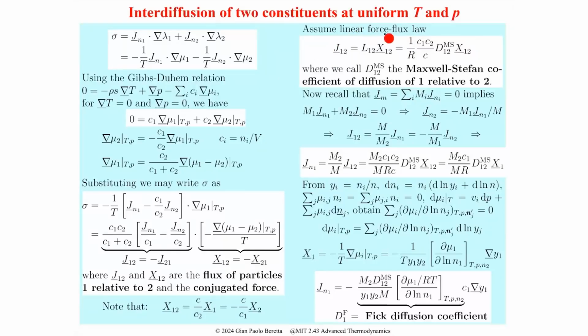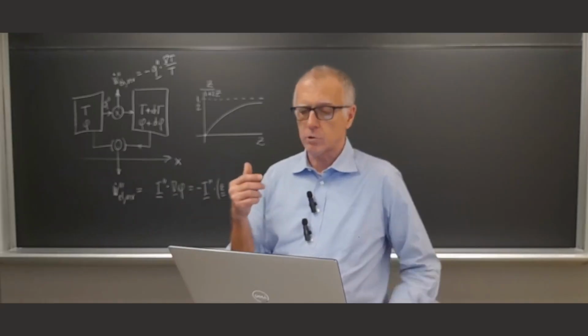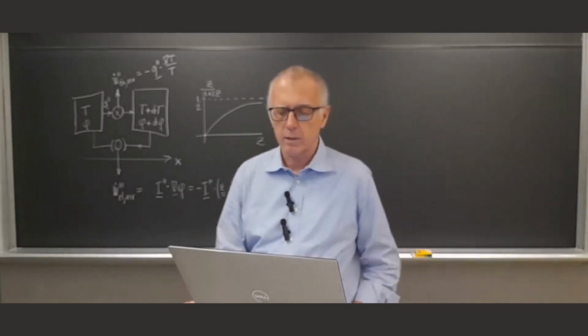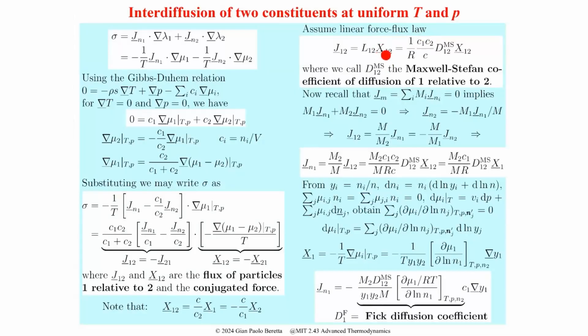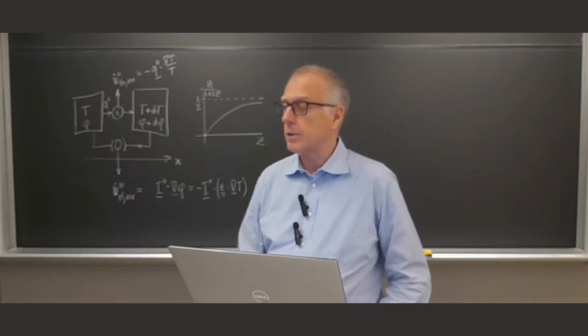So we assume a linear force-flux law, and as we've seen in the previous, it is just a direct effect. The degree of disequilibrium x12 drives a relative flux J12 through a coefficient that, on the previous slide, we called L1212. Here, just drop the double 12. Usually, there are a couple of ways in which this is typically rewritten.